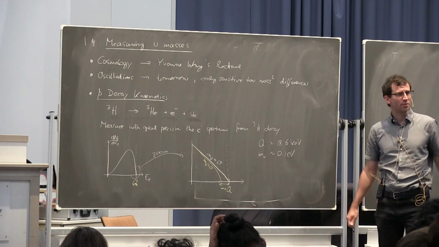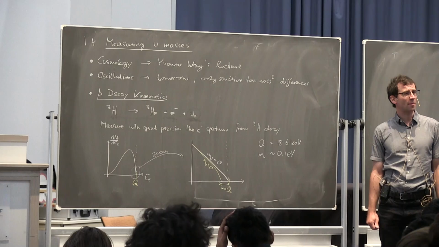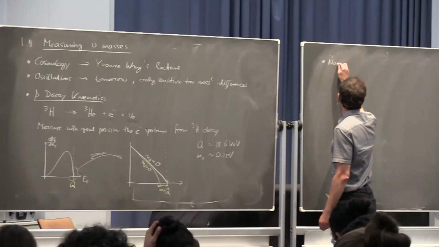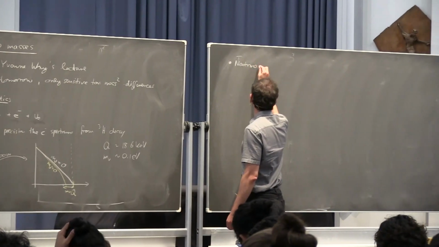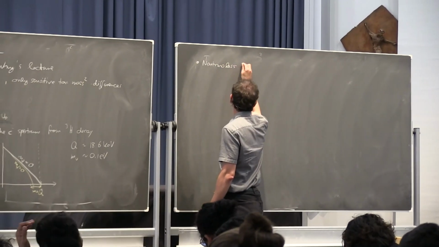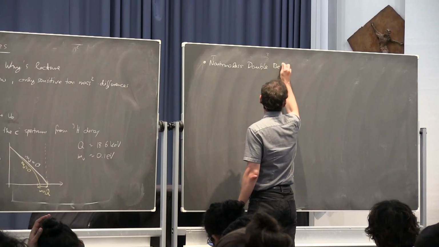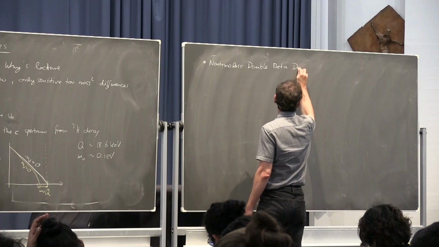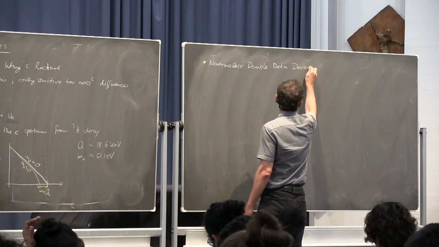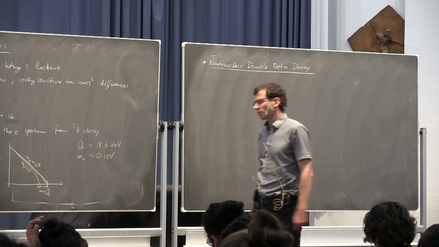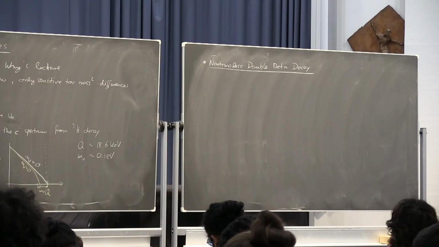Now, a totally different approach is neutrinoless double beta decay. So what's neutrinoless double beta decay?